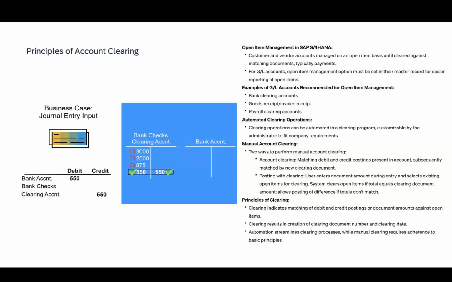Essentially, we can apply that functionality to a specific general ledger account. When we apply that into the account, it means that debits and credits should be matched against each other and then be cleared off. And you can see that there where we've got 550 and 550, they clear off. We could run a report then or show a screen which would only show the open items in there.